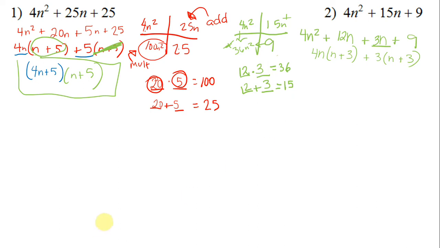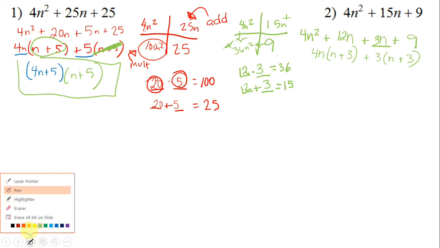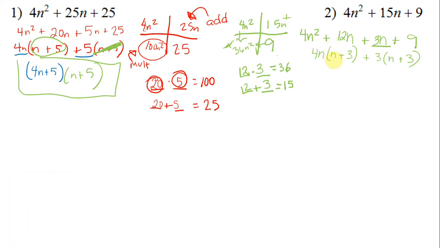And then I'm going to just bring down my two binomials. So n plus 3, that tells me I got it right. Cross one of them out because they're the same. And 4n plus 3 is going to be one binomial, and my other binomial, n plus 3. And I'm done.